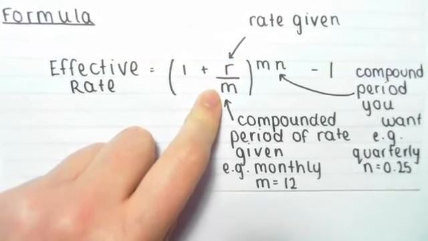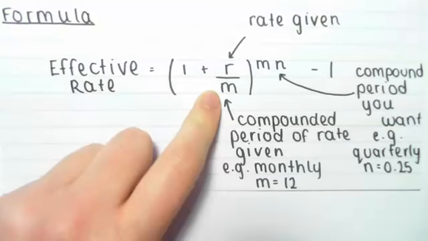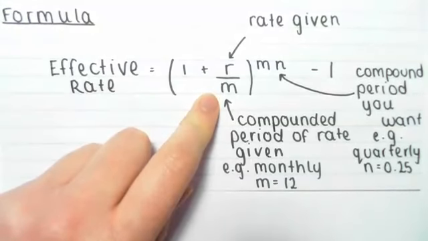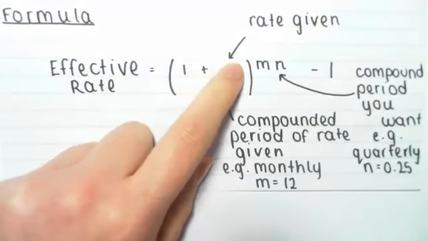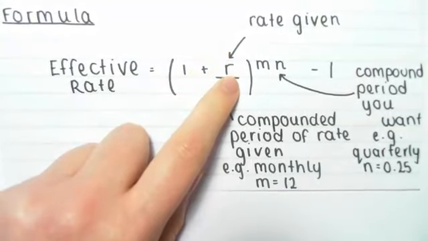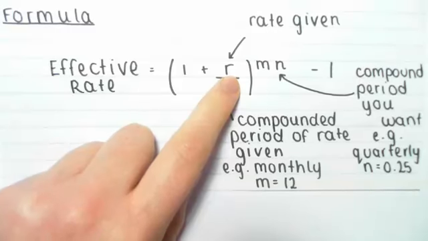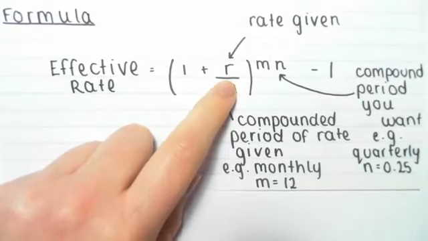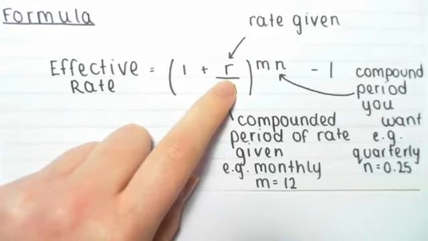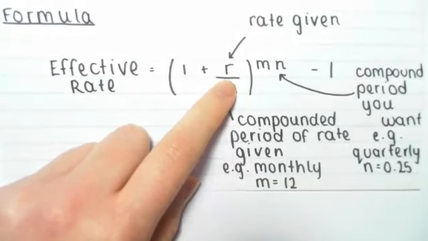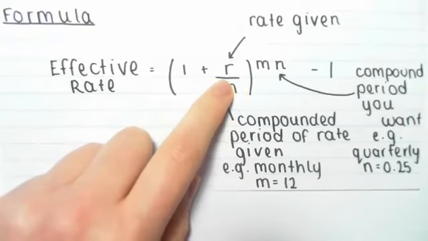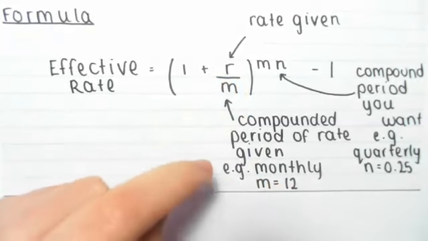So if it was compounded annually, this would be 1. If you're given a rate that's compounded monthly, it'd be 12. So this is always going to be a per annum rate, but compounded in whatever you're given. So 10% per annum compounded annually, 10% per annum compounded monthly. It doesn't matter, it's always per annum. And this will be on how it's compounded.